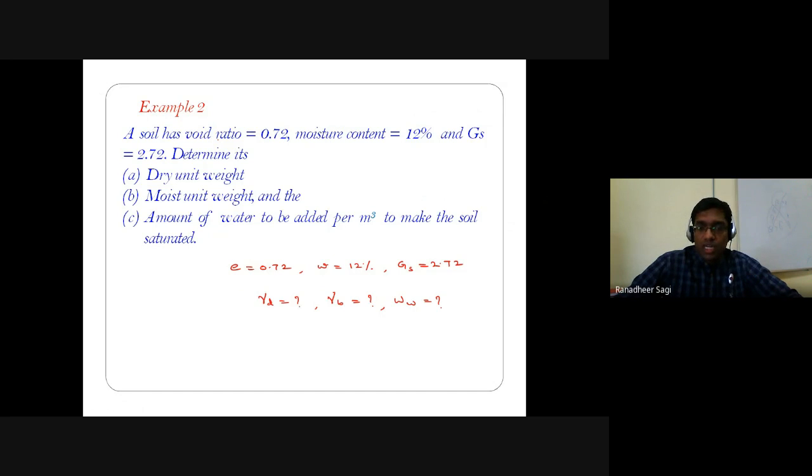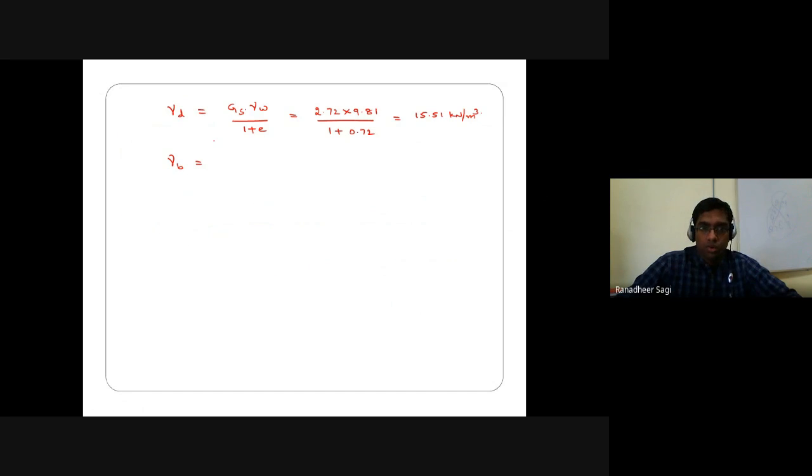If the water content of that particular soil is known, then we can make use of the expression where we have seen a relation between gamma D, gamma B and water content, because the water content present in this soil is known. So we can go ahead in finding out the bulk unit weight of the soil.